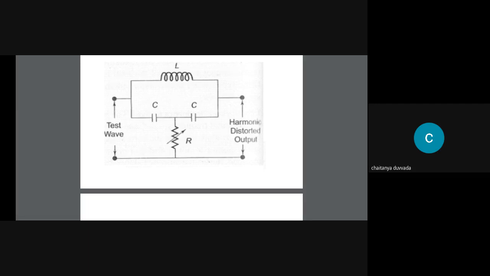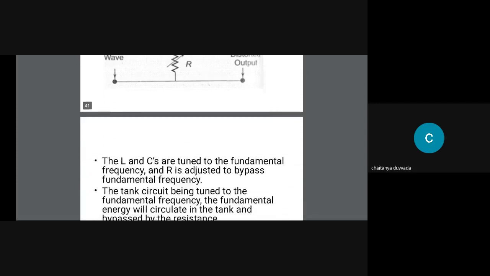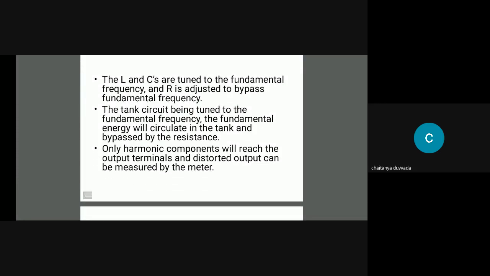By using the fundamental frequency, this tank circuit can be tuned, and R can bypass the tuned circuit. So based on the fundamental frequency, the LC or tank circuit can be tuned, and also R can bypass the fundamental frequency. So this is regarding the second point, students.